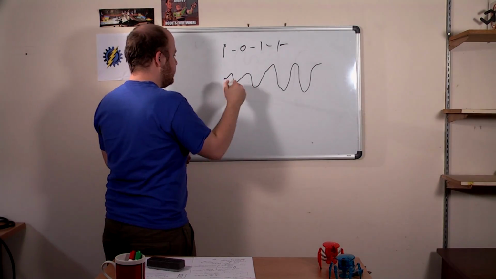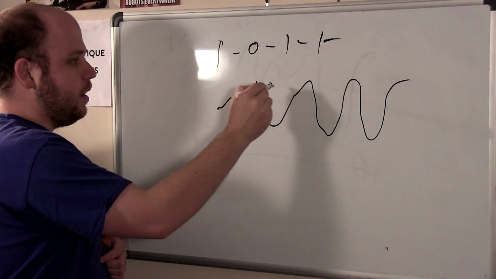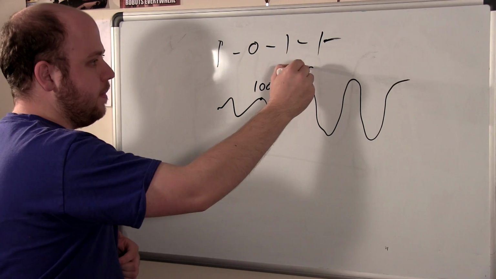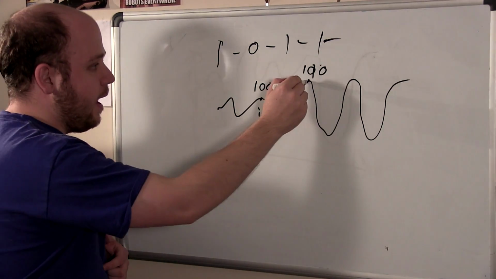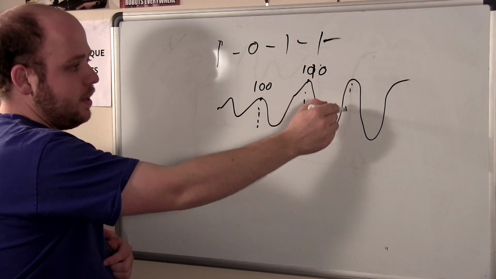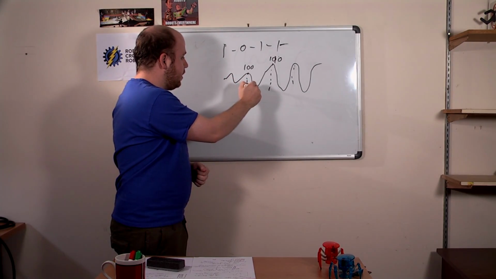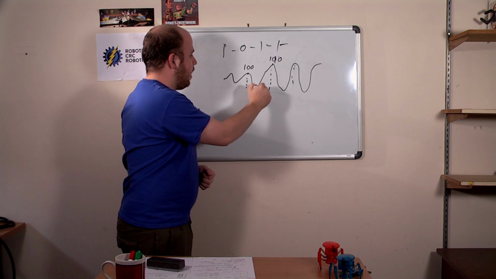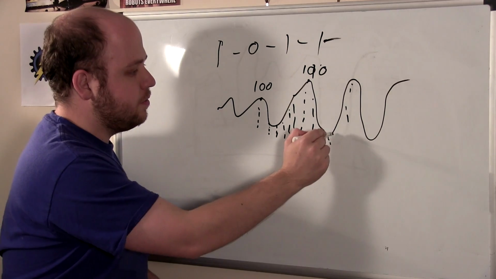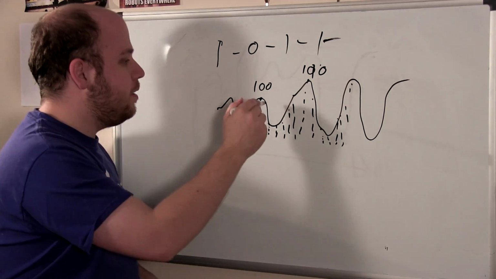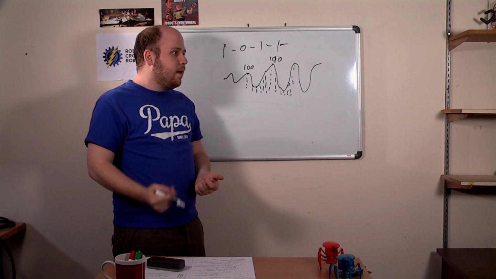For example, let's say that this one is 100 and then this one is 110. So it gives values, and you basically take the value at fixed intervals of time. For example, I'll be drawing some of them, but you can imagine that it goes way faster. And then you take some points. Each time you take a point, you have a value that is discrete.